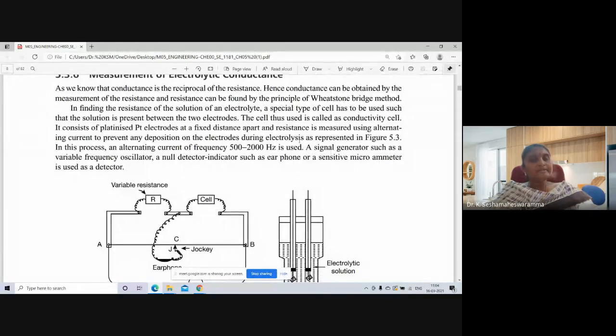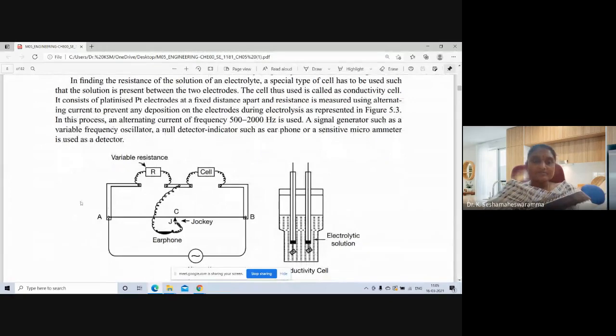A signal generator such as a variable frequency oscillator, and a null detector indicator such as an earphone or sensitive microammeter, is used as a detector.